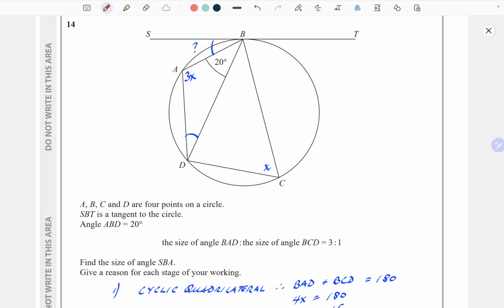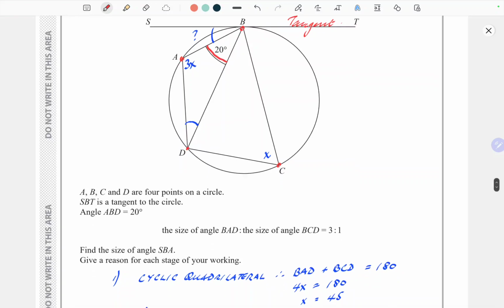All right, this next one is worth discussing. Okay, 4 points on a circle. Now this is really important. Those 4 points of that quadrilateral are all on the circumference of the circle, and this thing is a tangent. And you've got a 20-degree angle here.